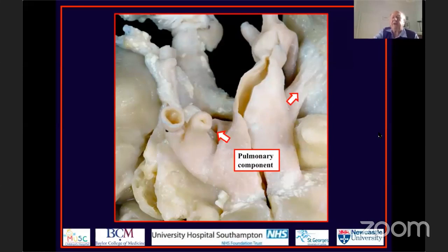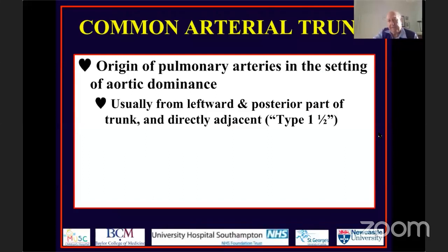It gives rise to either side, the right and left pulmonary arteries, and then the dominant pulmonary segment continues as the arterial duct and supplies the descending aorta. And in this instance, there is interruption of the aortic arch, retroesophageal origin of the right subclavian artery, so that the ascending aortic component of the trunk is hypoplastic. And there is the part of the arch that should have been present, but now is interrupted.